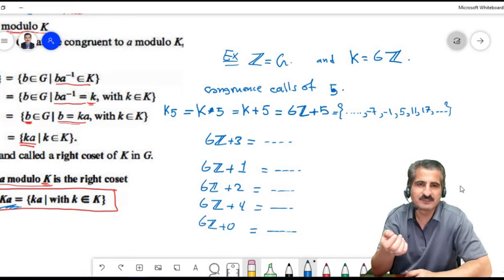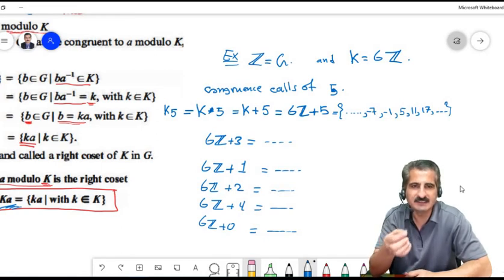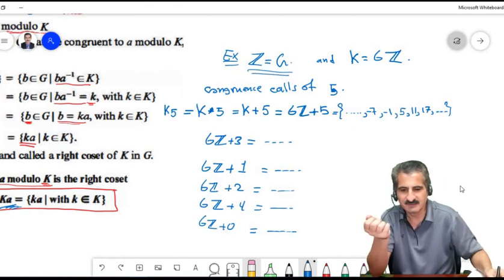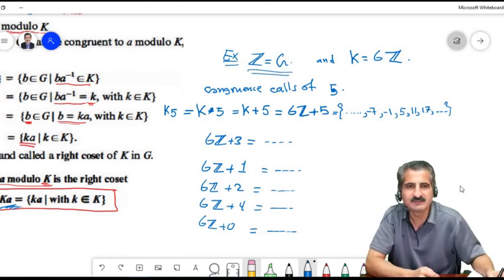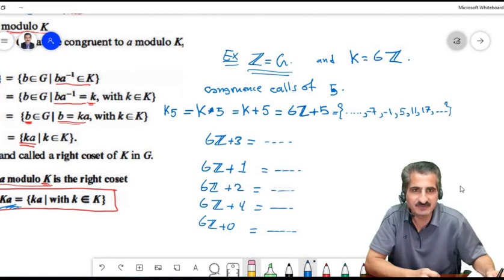Now I want to ask you, the definition of congruence class started with the subgroup K, which is 6Z here, but also with any element inside the group Z. So 7 is any element. What is the congruence class of 7?